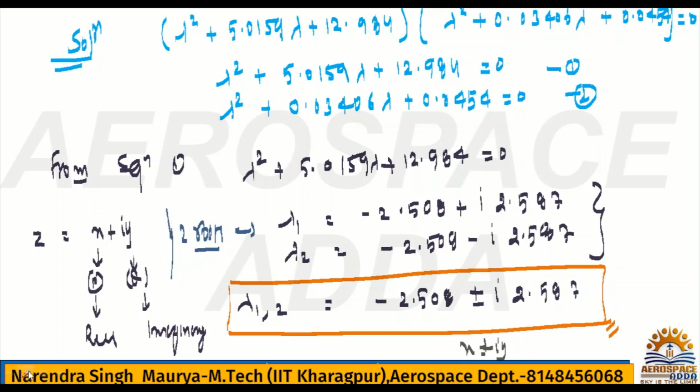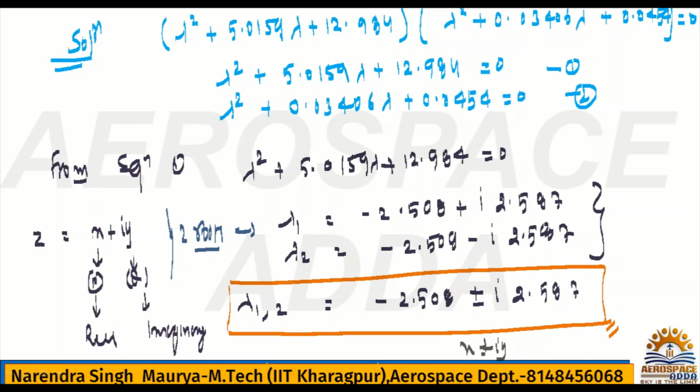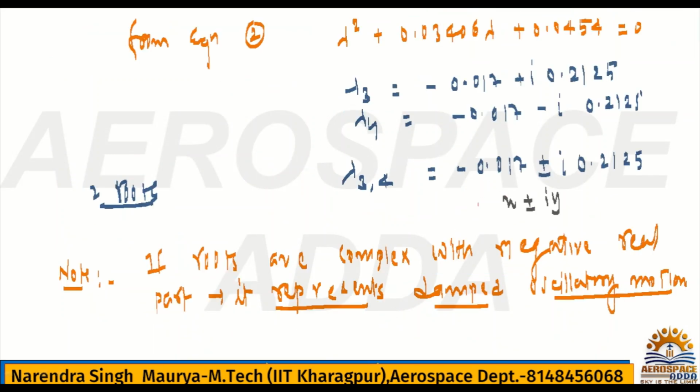Now check the real part. Which one is the real part? Just now I told you: the first part is real and the second part is imaginary, because it comes with the symbol i. Whatever component is with i is the imaginary component. So check the real component: it is negative here, and the same thing here also. We are getting a negative real part, so it will be damped oscillatory motion.